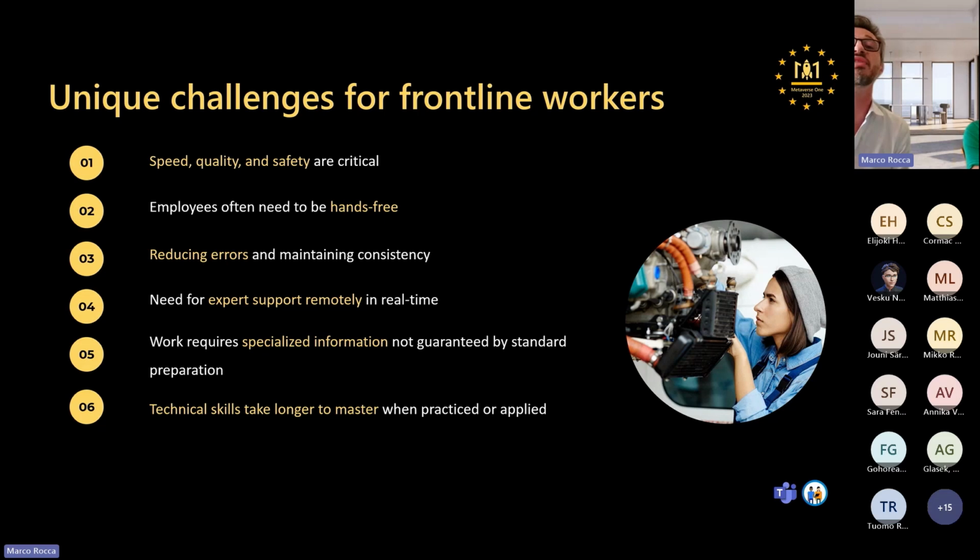Most of the time, they need to work hands-free to be more focused and to work in a safer way. For sure, they need to reduce errors, and sometimes they need support from specialized information topics, maybe from other workers that can't be in the same place as the frontline worker.